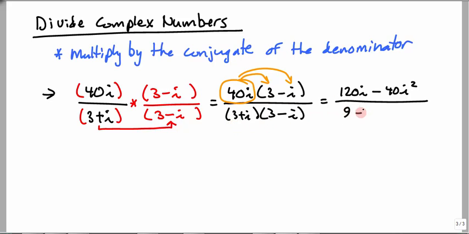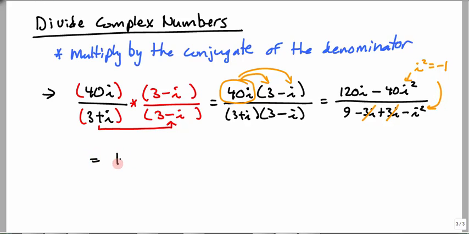Outsides are negative 3i. Insides are positive 3i. My lasts are positive i times a negative i, which is a negative i squared. So right away I see that negative 3i plus 3i cancel. And also, remember, i squared equals negative 1, and I can use that here and here.